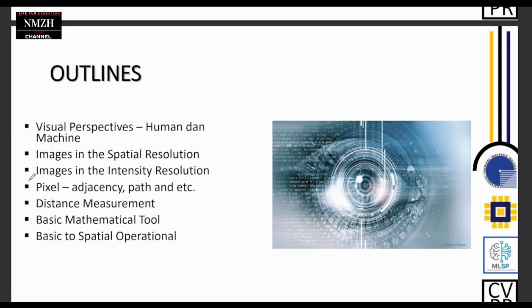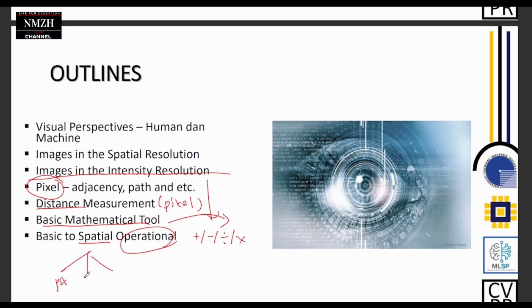We will talk about the basic mathematical tools and spatial operations, covering three types: pixel, a group of pixels, and geometrical.